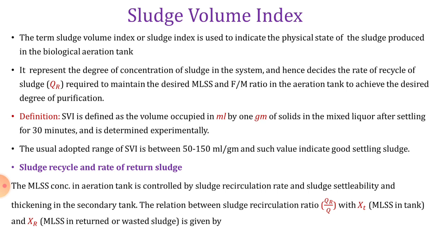Then let us discuss the term sludge volume index and its significance in the ASP. The term sludge volume index, or the sludge index, is used to indicate the physical state of the sludge produced in the biological aeration tank. It represents the degree of concentration of sludge in the system and hence decides the rate of recycle of the sludge, that is QR, required to maintain the desired MLSS and food to microorganism ratio in the aeration tank to achieve the desired degree of purification.